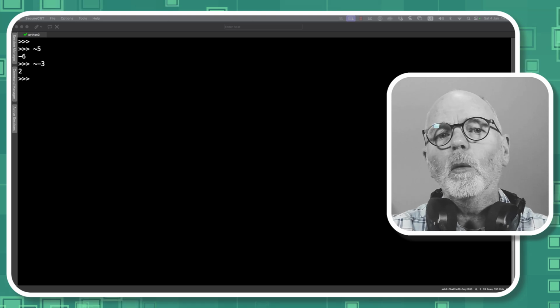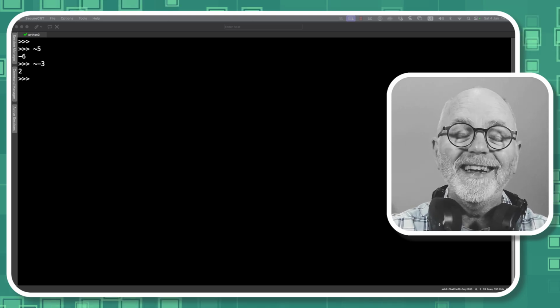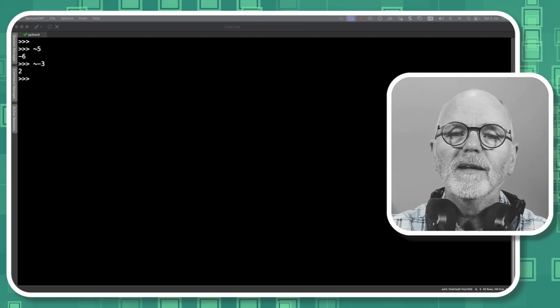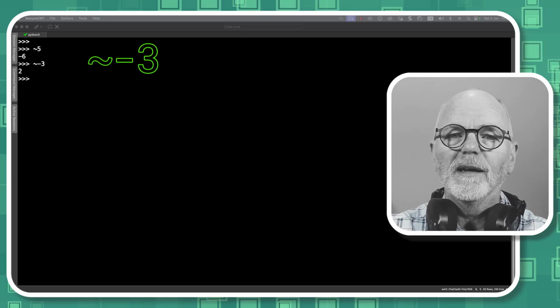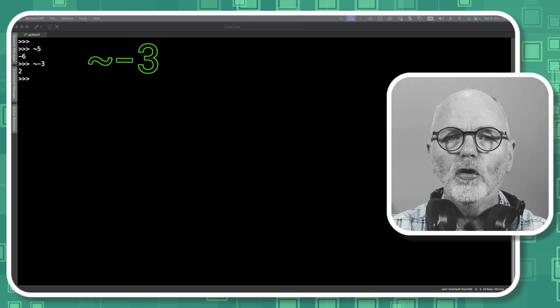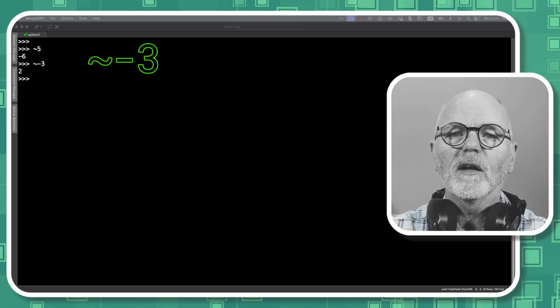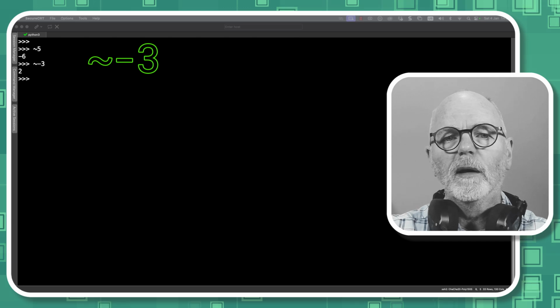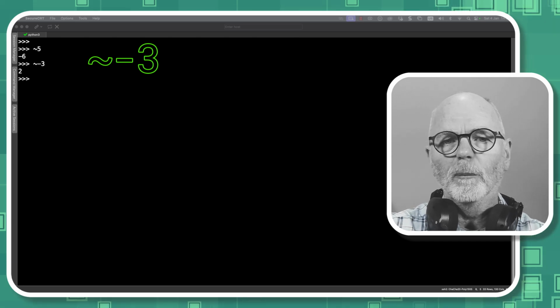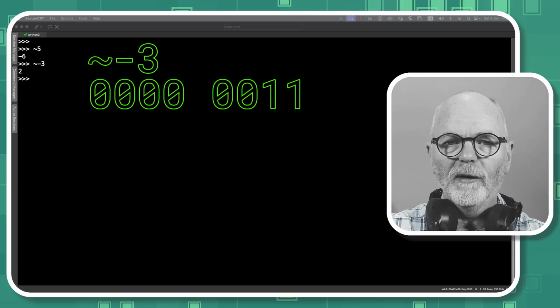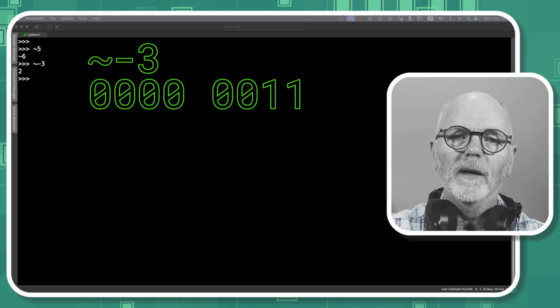So that's okay, but what about when we're working with a negative number to begin with? So let's try now tilde negative 3, or not negative 3. We have to convert 3 through to binary, and we can work with a positive 3 to begin with. So 0, 0, 0, 0, 0, 0, 1, 1.